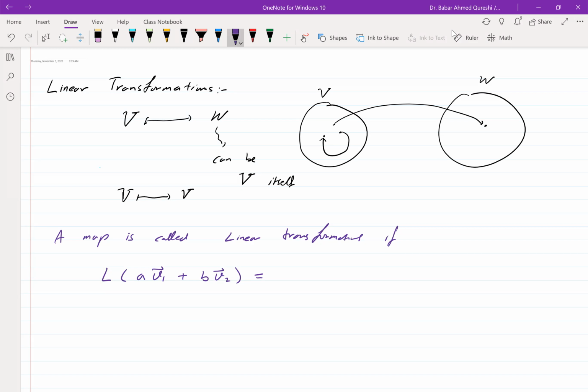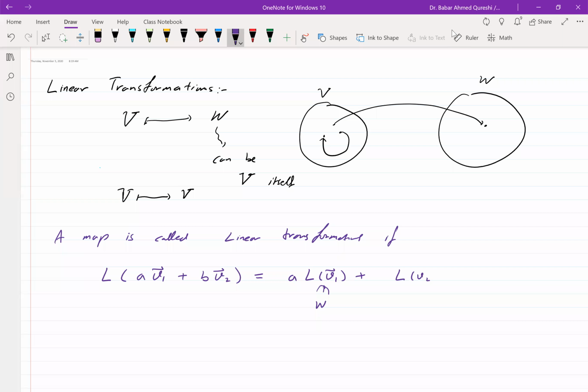The vector in W you get from this transformation should be the same as the vector you get by transforming v1 itself and multiplying it with a. So this lives in the space W, and since it's a vector space, you can multiply this object with a number and you get a vector back in W.